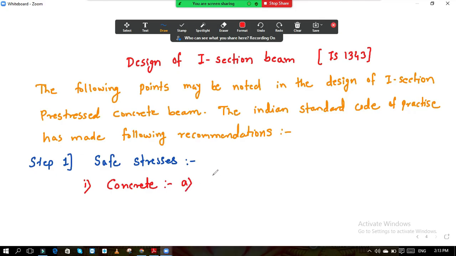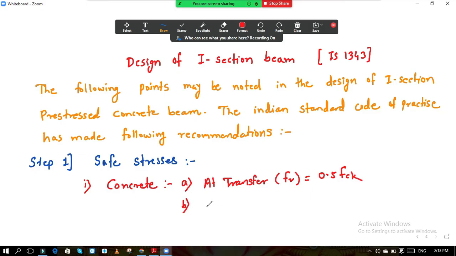First, at transfer, so at the transfer of prestress, the maximum safe compressive stress is Fr, it is 0.5 FCK.